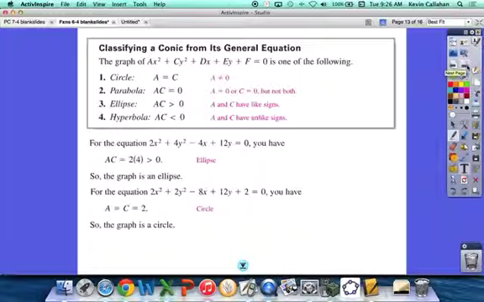Now, when it comes to the other two, circles and ellipses will both have x squared terms and y squared terms. They will both have the same sign, right? They're either both positive or they're both negative. The difference between a circle and an ellipse is, for a circle, the coefficients are equal, right? Remember, for a circle, there are no coefficients.